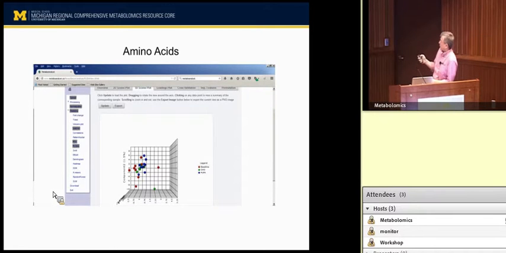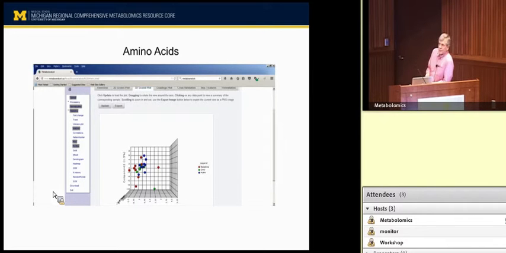I'll show you a couple of screenshots of MetaboAnalyst for the amino acids. Remember, we ran 26 amino acids in a targeted amino acid profile. We looked at baseline samples, and then 21 days of the carbohydrate or polyunsaturated fat diet. If you look at a PCA plot, these basically don't separate.